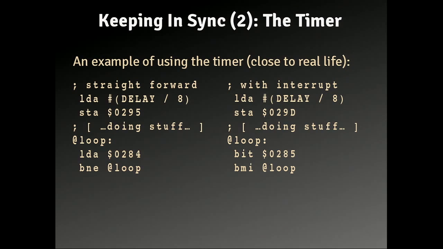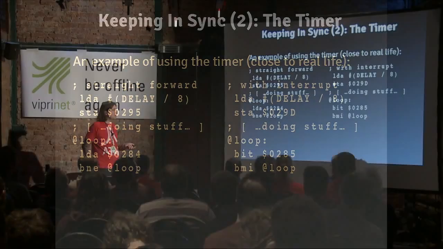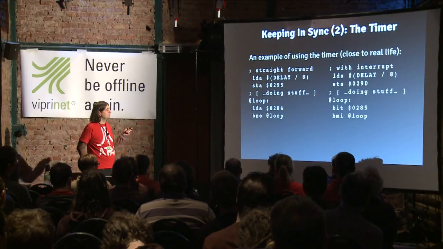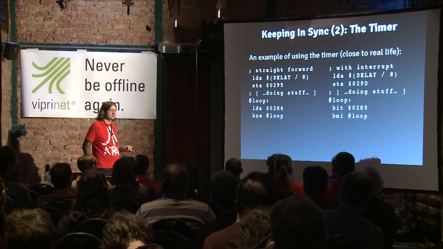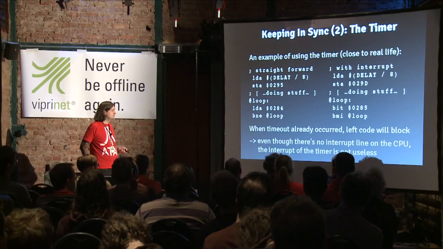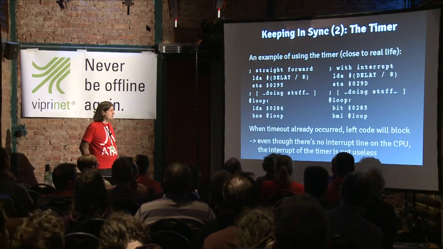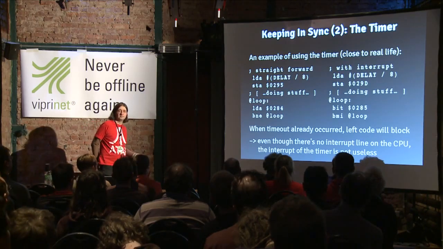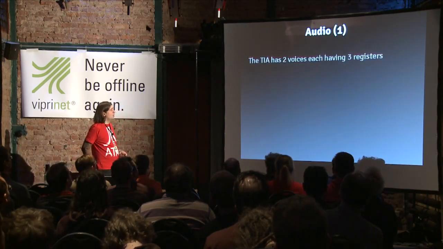It has also occurred if we are getting into the wait loop too late. So we are just losing about 4 or 5 clock cycles, and most times, if you're going to sync with a WSYNC register and something like this, you will then catch up. So what we've learned here: even though there's no interrupt line on the CPU, the interrupt of the timer is not useless.